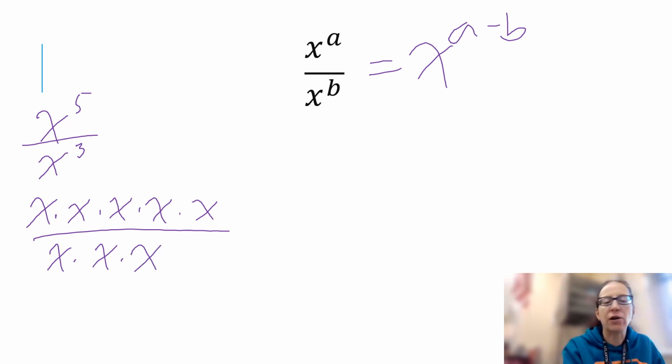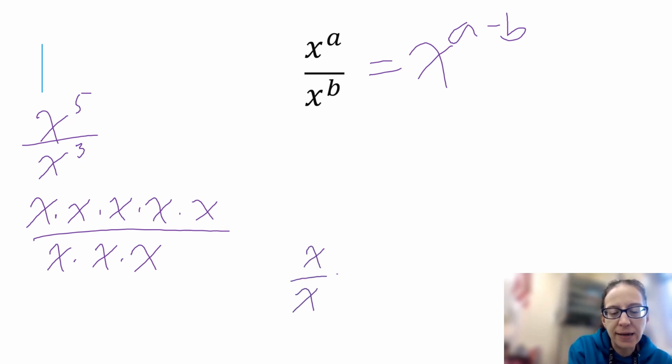Now, before I just start canceling stuff out, some of you are going to think, okay, well, you can cancel it out. But just to be clear about why we can cancel stuff out, anything divided by itself is equal to 1, including things that I don't know what they are. So like 2 over 2 is 1, negative 1.5 over negative 1.5 is 1, root 3 over root 3 is 1, and x over x is 1, assuming x is not equal to 0.